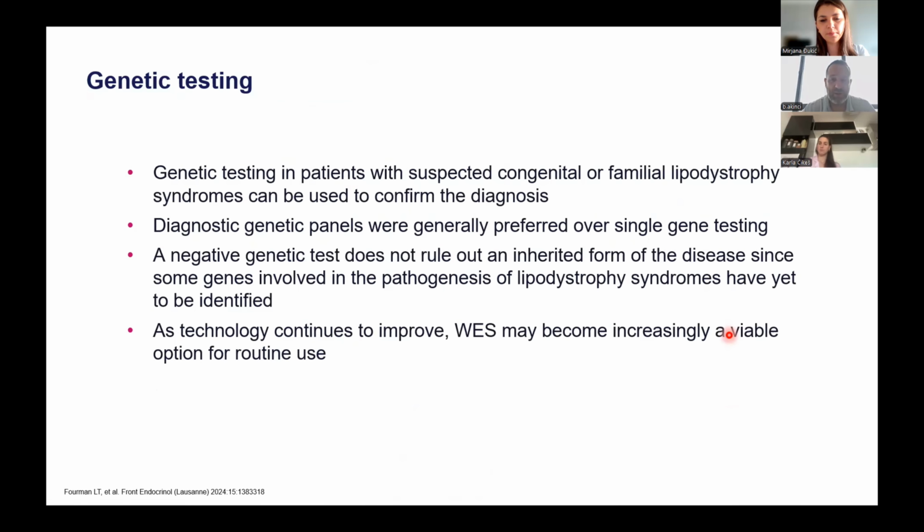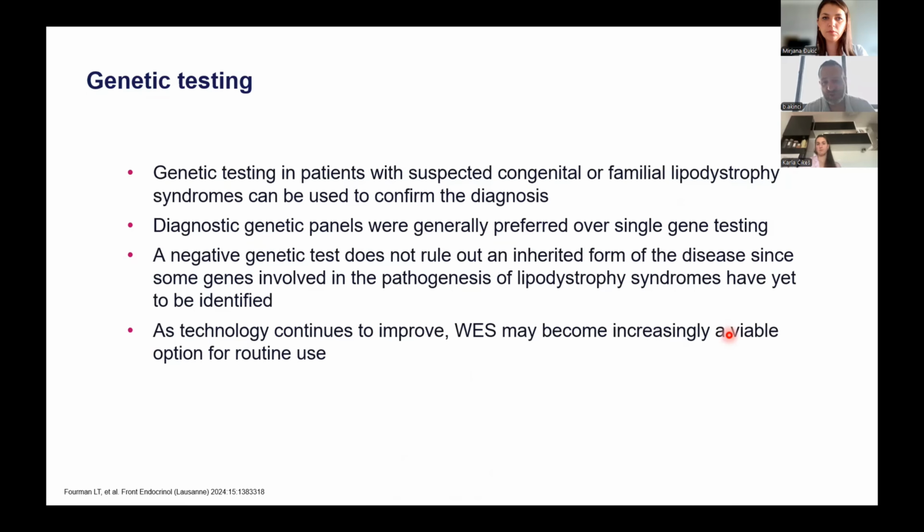So how can you then make the diagnosis? If this is a genetic form, nowadays we have genetic testing available. So you can simply diagnose your patient by a genetic test if you're lucky enough. Why am I saying that? Because not all patients have a genetic mutation, even though they have a genetic form of lipodystrophy.